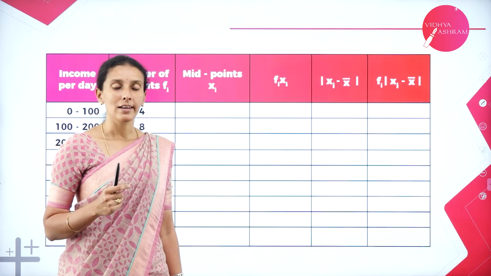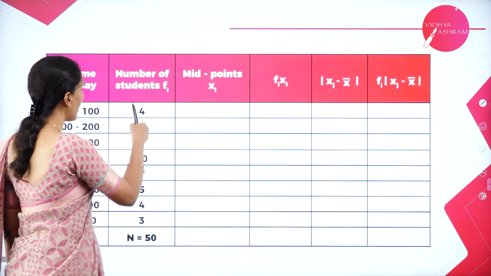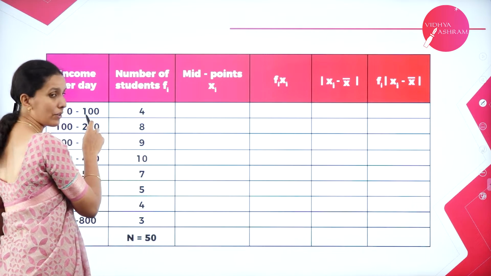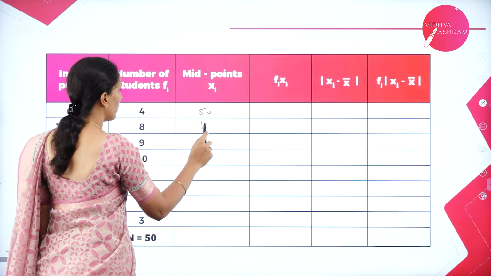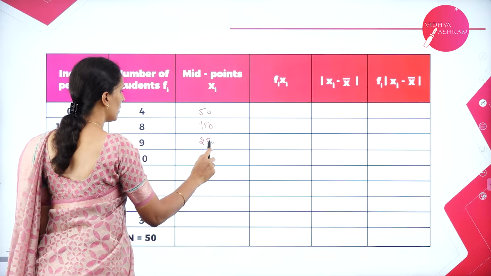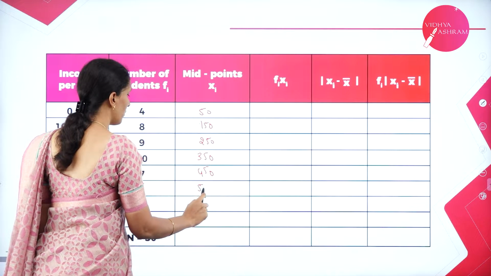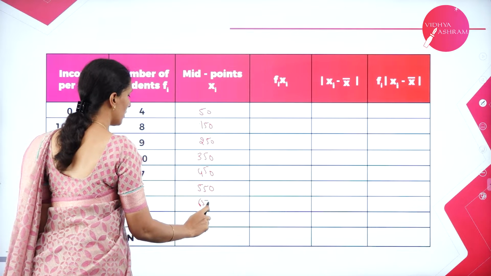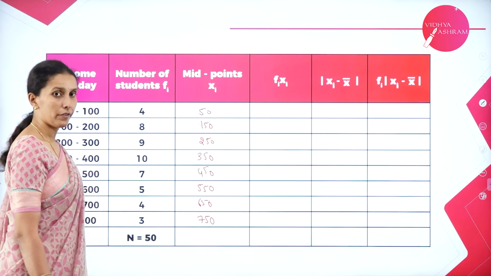Since I want to calculate the mean, I need summation fi xi. Fi I have, and xi I will get from the midpoint. So for 0 to 100 it is 50, then 150, 250, 350, 450, 550, 650, 750. N I got as 50.